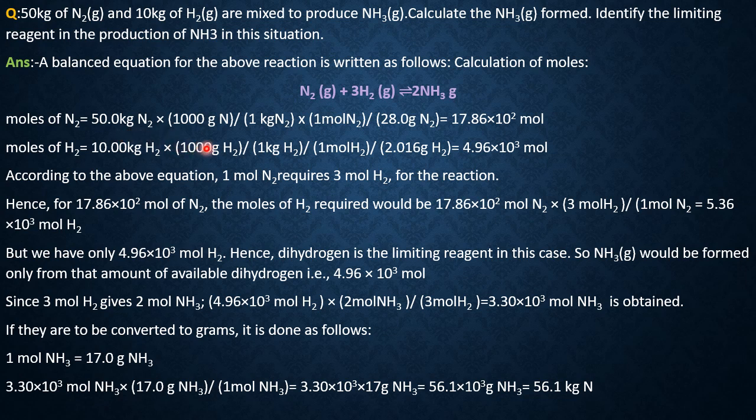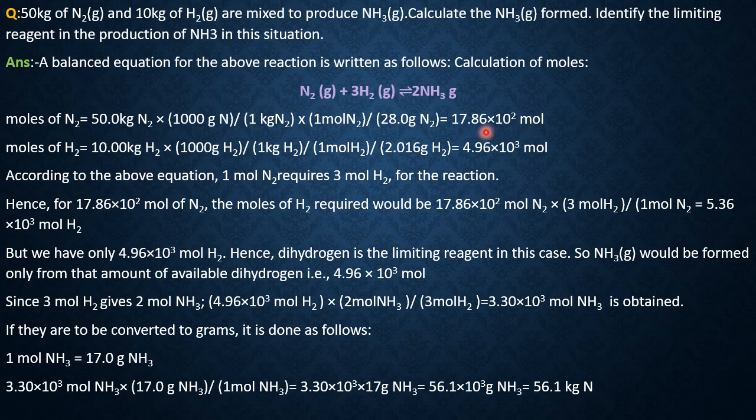It is equal to 17.86 into 10 to the power of 2 mole. So 50 kilogram of nitrogen is 17.86 into 10 to the power 2 mole.